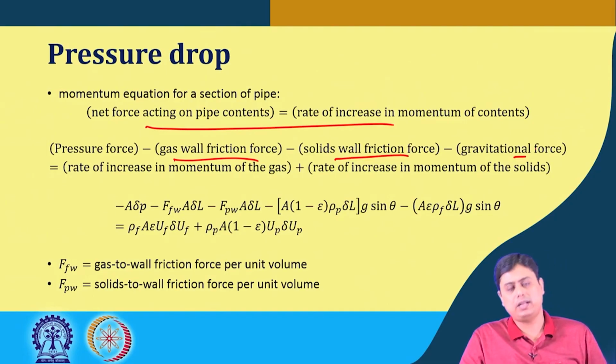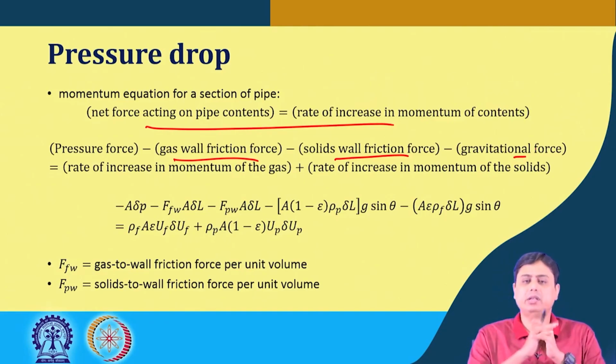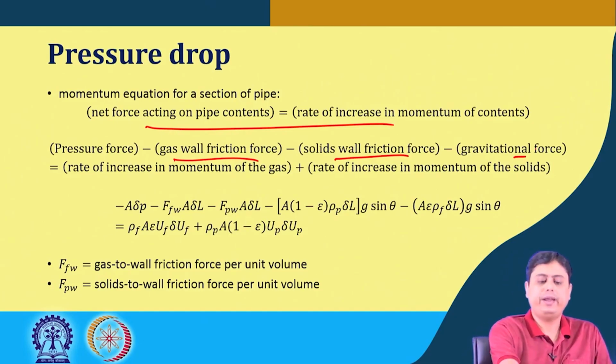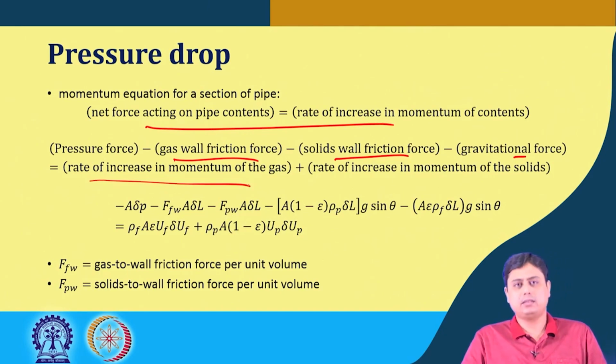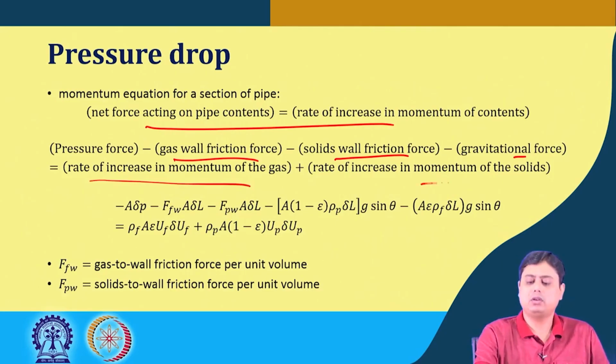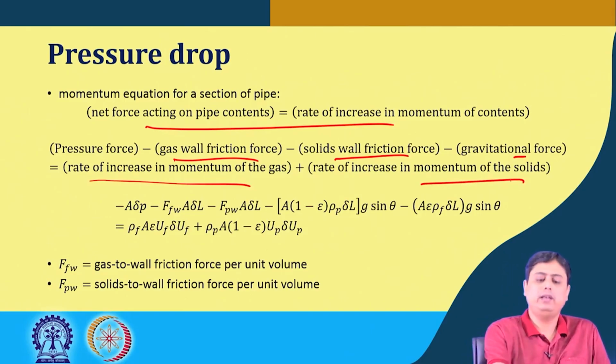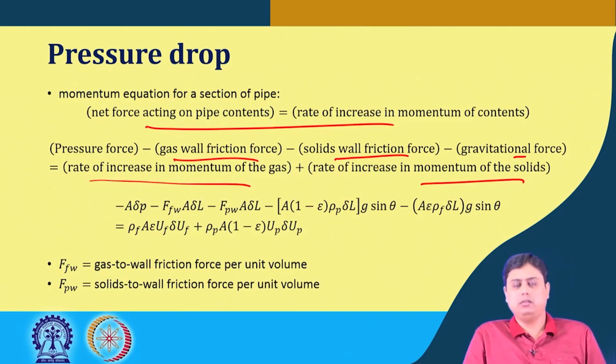This is the net force that is acting on that element, the content of that delta L length and the cross sectional area A of that pipe section, which equals the rate of increase in the momentum of gas and the rate of increase in momentum of the solids, because the content is basically the gas and the solid particles. So, we can individually write this rate of increase for both the cases.